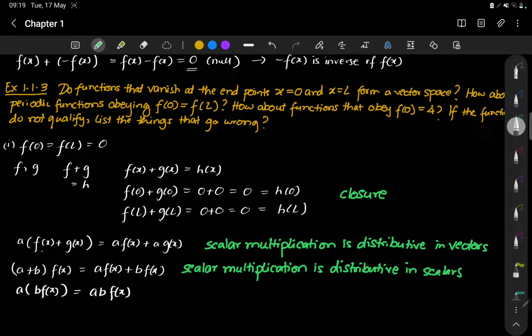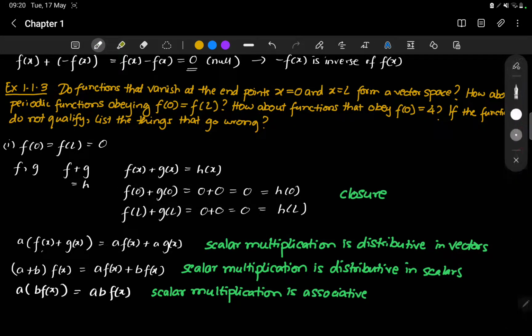This is the next property, which says scalar multiplication is associative. Again, how do we make this claim? Based on the fact that all of these are real numbers. a is a real number, b is a real number, f of x is also a real number, and the multiplication of real numbers is definitely associative.